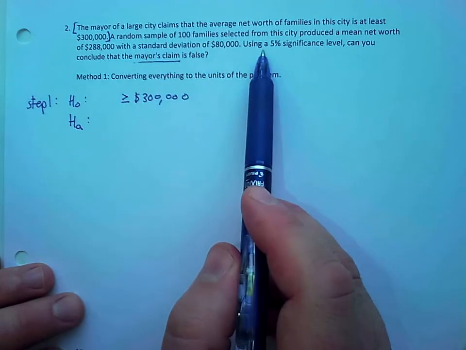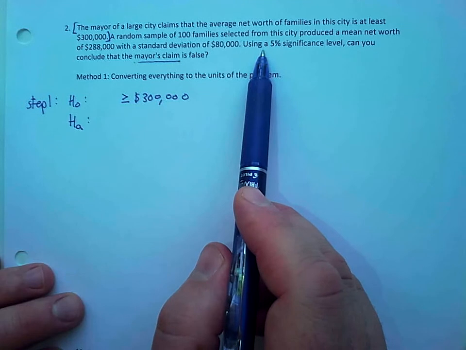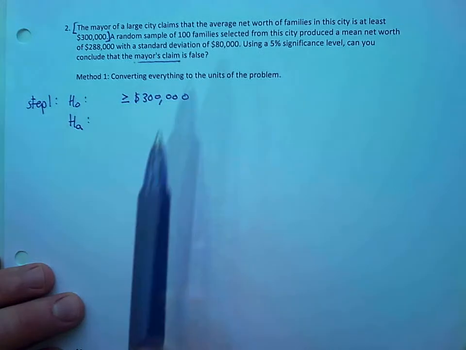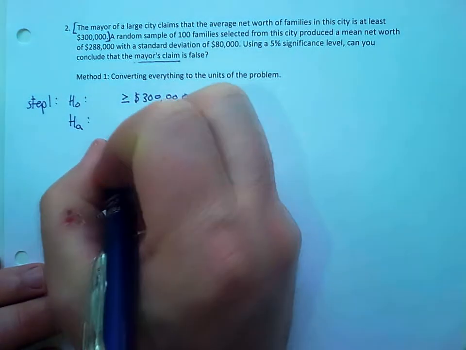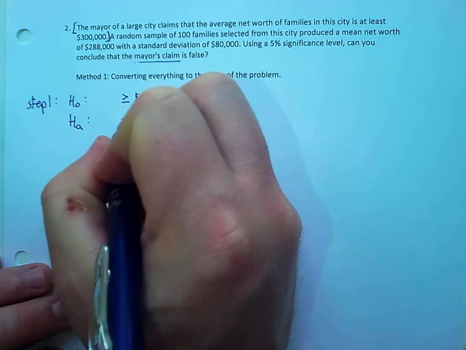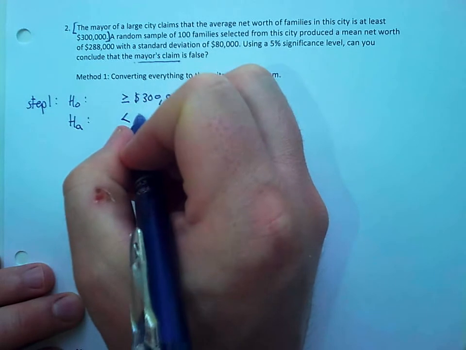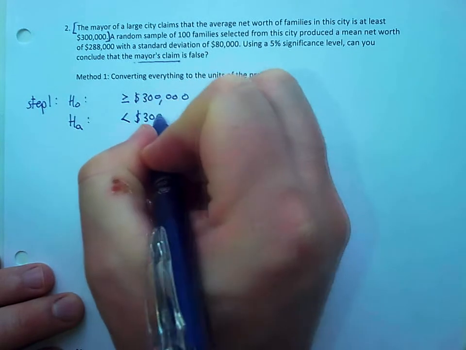And the last sentence is telling us what to do in order to test this claim. So the answer is no, we do not have a statement which does not contain equality. So what does our alternative hypothesis become? It becomes the complement of our null hypothesis, so strictly less than $300,000.